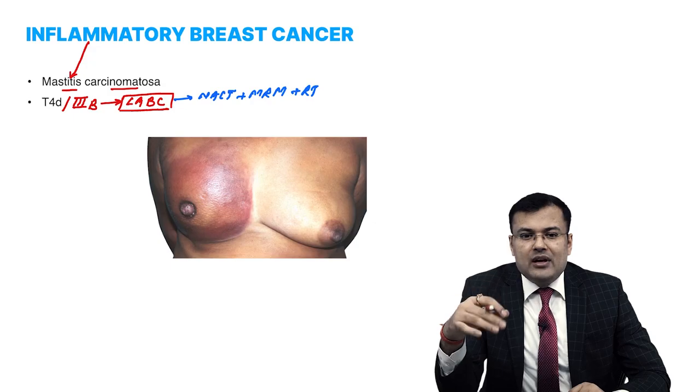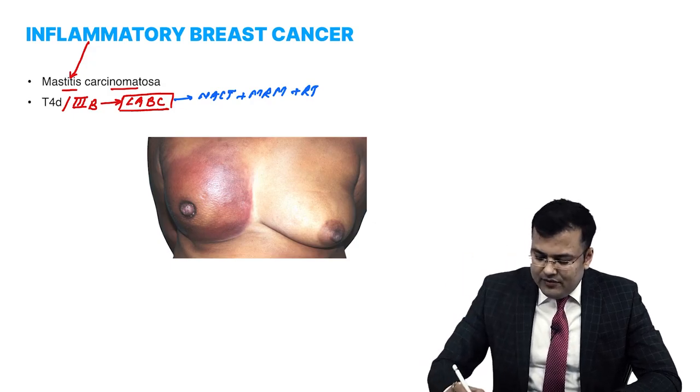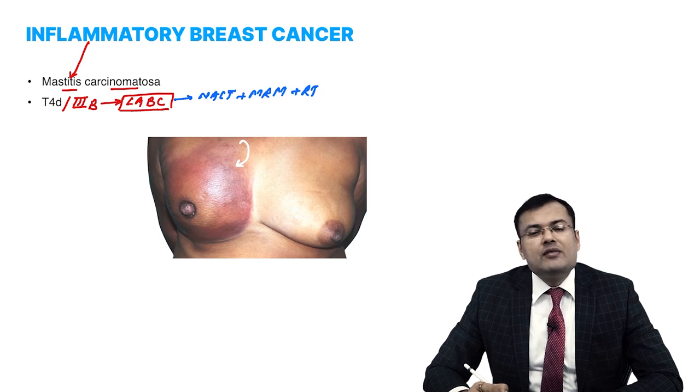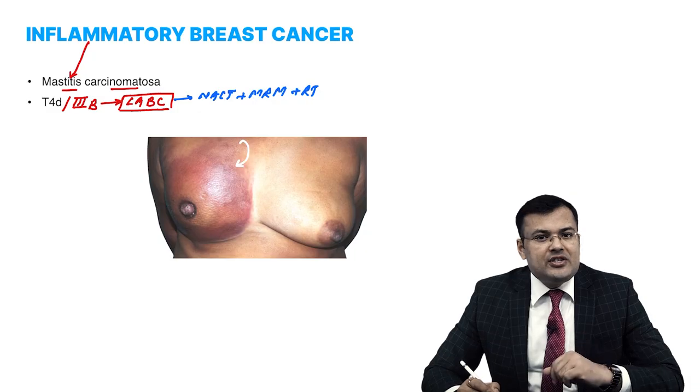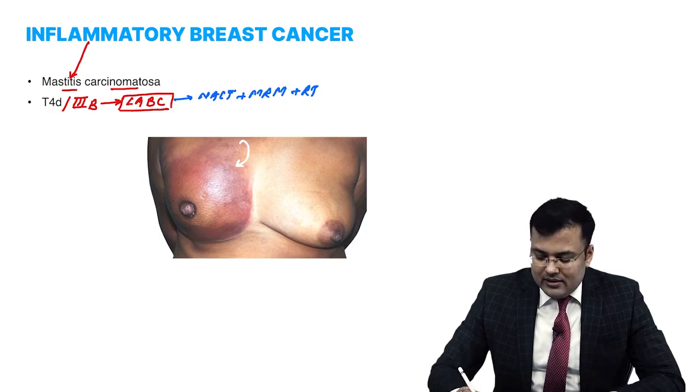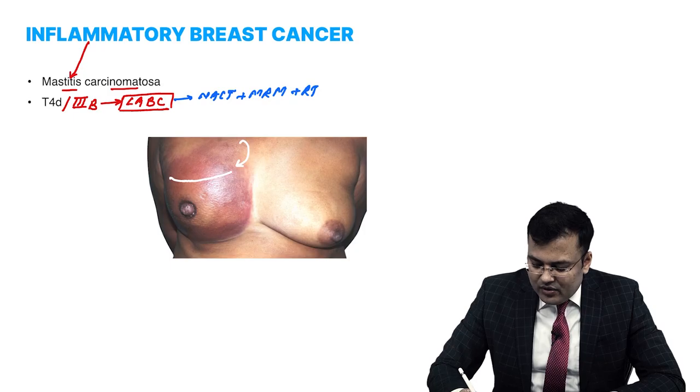Now see the problem. What is the definition? If you notice, the breast skin is involved, more than 1/3 of the breast skin, by inflammatory changes. What is the problem here? These are the lymphatics, and the tumor cells are going to enter within the lymphatics.